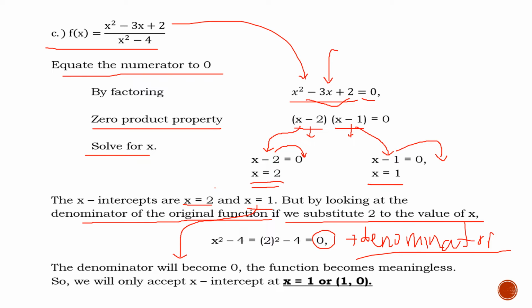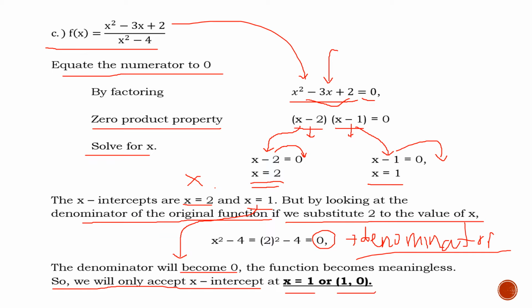Therefore, between positive 2 and positive 1, we neglect positive 2, and then we adopt positive 1. The denominator will become 0 with positive 2, so the function becomes meaningless. So we will only accept the x-intercept at x equal to 1.